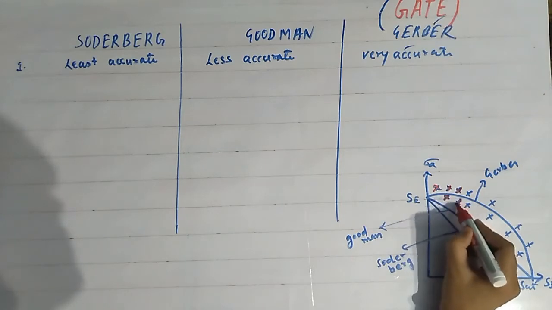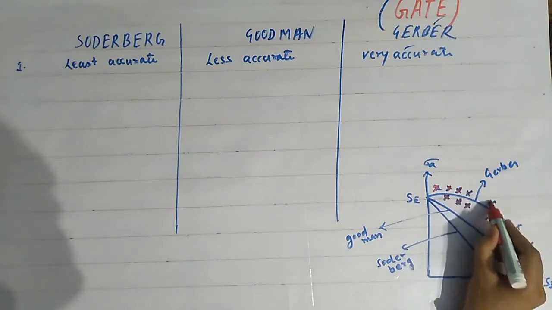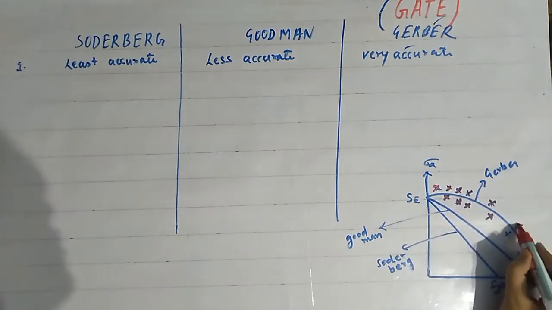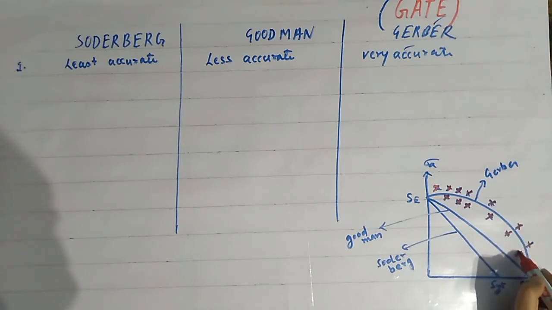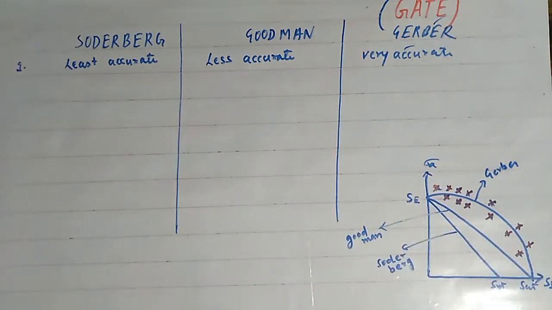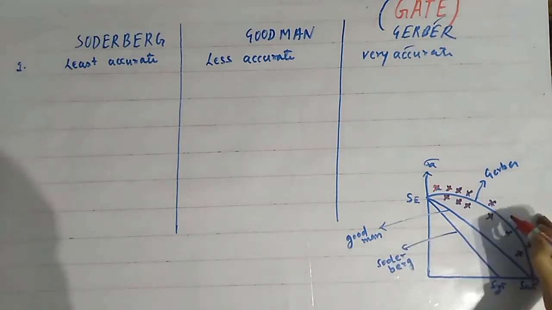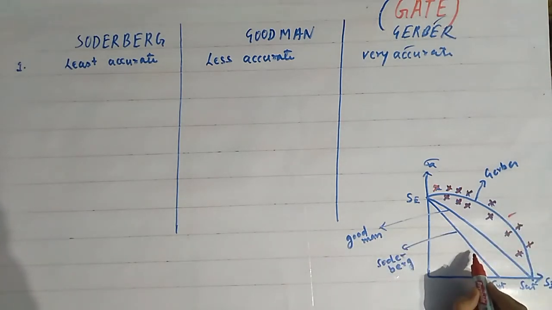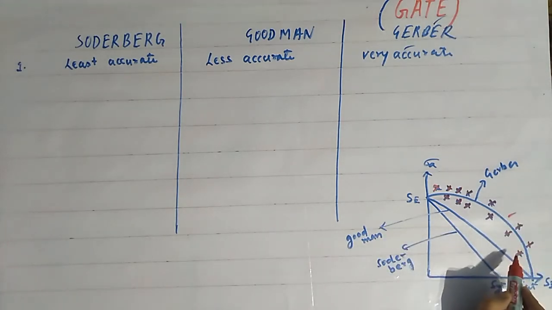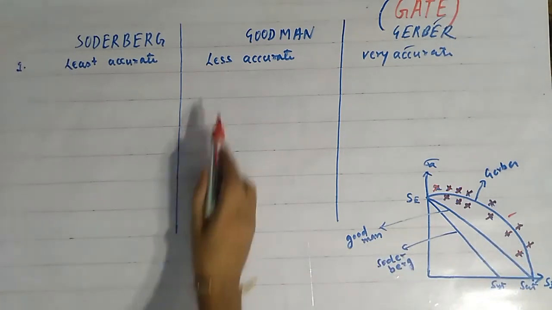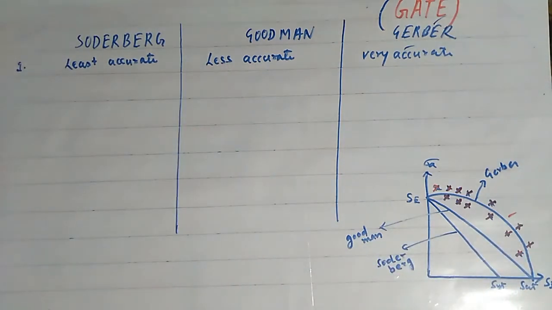So this Gerber parabola fits the failure data in a more proper way. That's why this particular criteria, the Gerber criteria, is most accurate. And because the Soderbergh line is lying far away from these failure points, it is least accurate, and in the middle lies the Goodman line, which is less accurate.